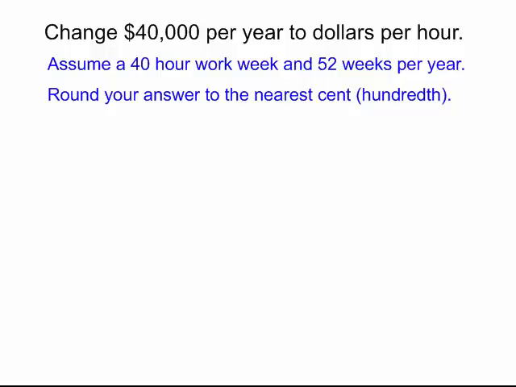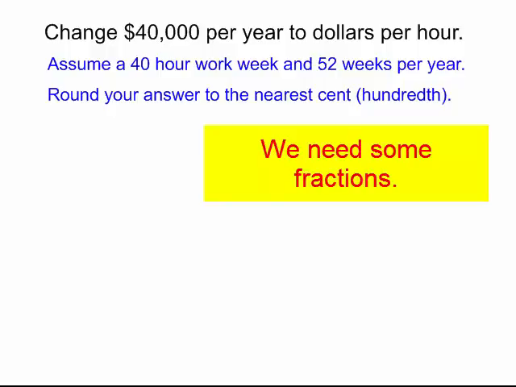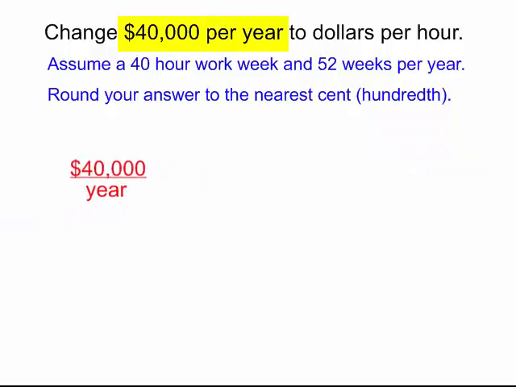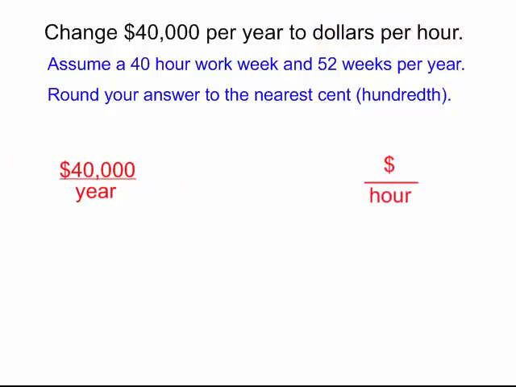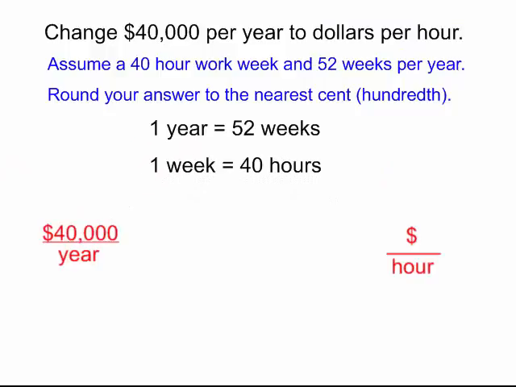So let's write some fractions here. I want to change $40,000 per year. I want to end with dollars per hour. They told me that 1 year should equal 52 weeks and 1 week should be 40 hours. So not too many conversions here.